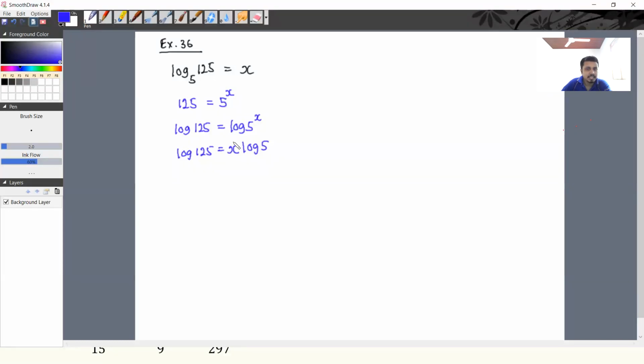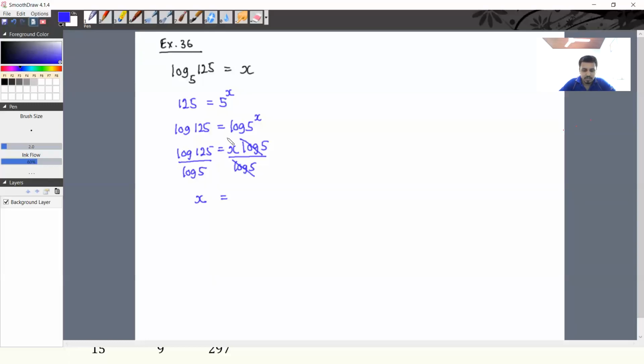To make x the subject, what we need to do? Divide both sides by log 5. Then log 5 will get cancelled, and we will be left with x. From your calculator, you can find the value, right?